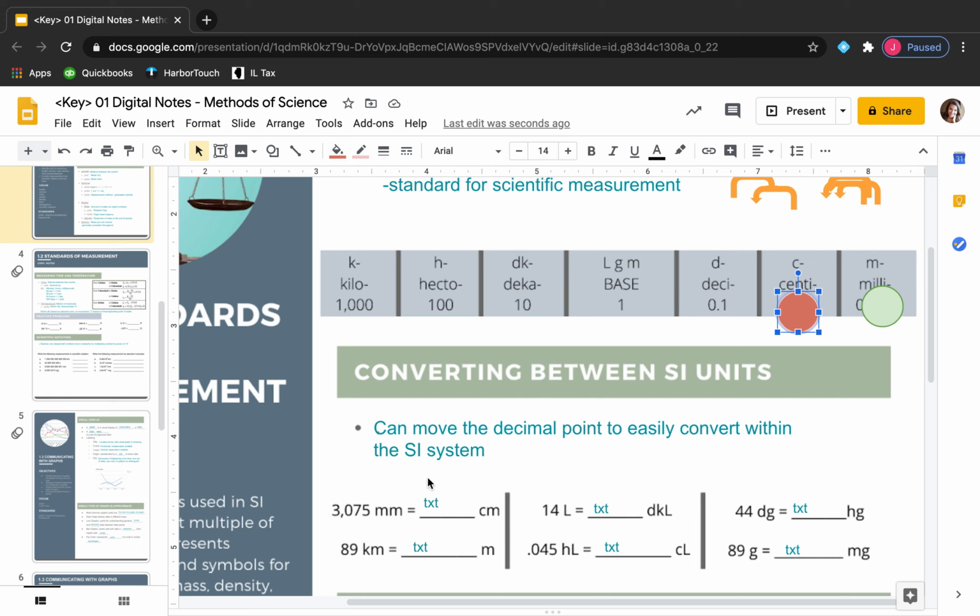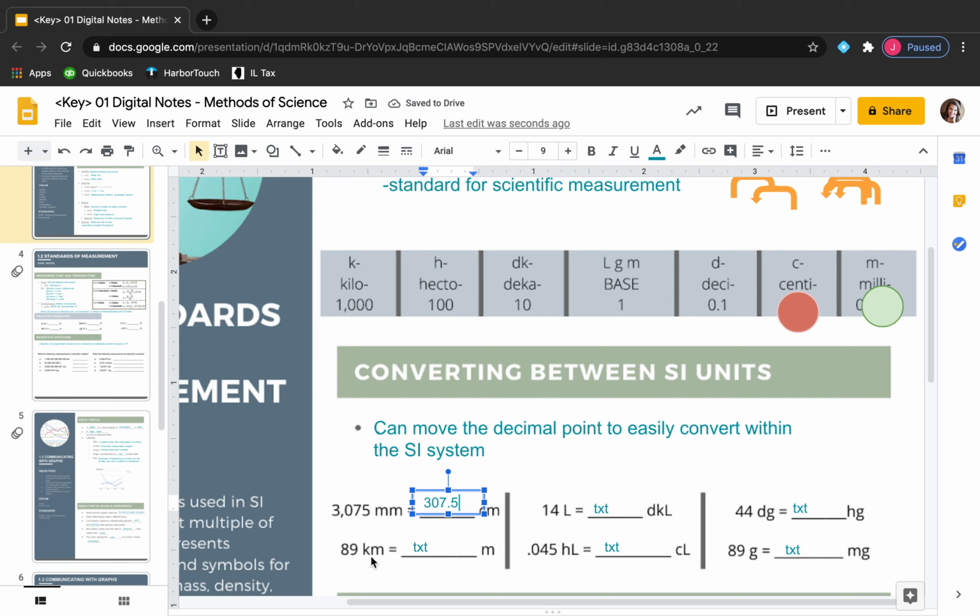Okay, so how we easily convert this is we're going to move the decimal point 1 spot to the left. Okay, you'll notice this number doesn't have a decimal point shown. Okay, so if you have a number like this, it is known that the decimal point, even though not shown, is at the end of the number. Okay, so remember we're moving 1 to the left, so we're going to move 1 space to the left, so our new decimal point will be right here. So our answer will be 307.5.